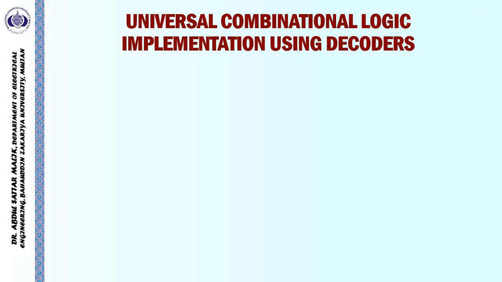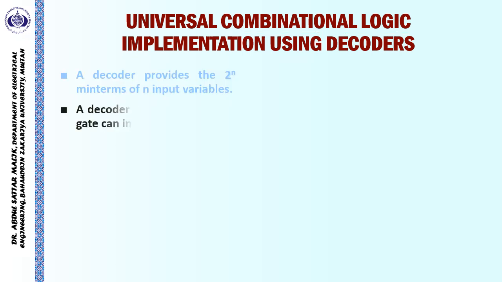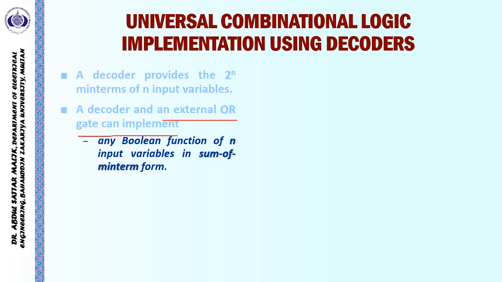So decoders, along with so many other applications, can also be used to implement combinational logic circuits. A decoder provides the 2 raised to the power n minterms of n input variables. A decoder and an external OR gate can implement any Boolean function of n input variables in sum of minterm forms.